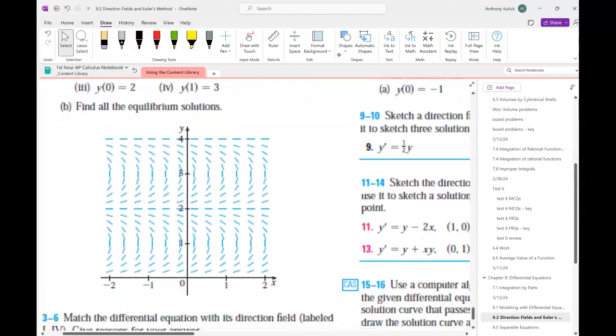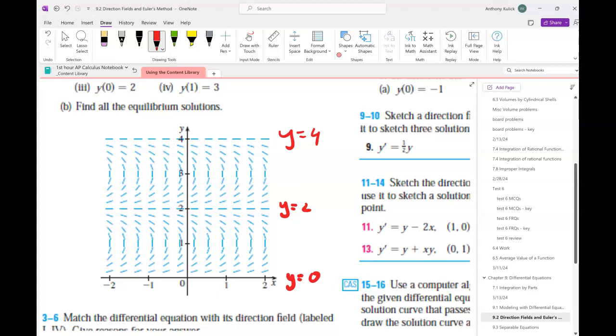Let's look at this one. What are equilibrium values here? I would guess here that y equals 0, looking at the pattern from before. Like these slopes are getting flatter as we move down.